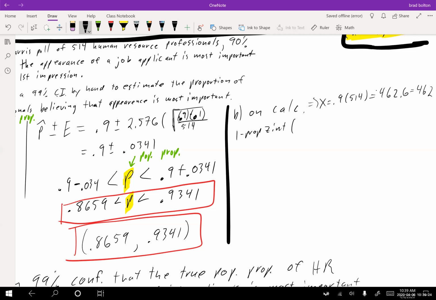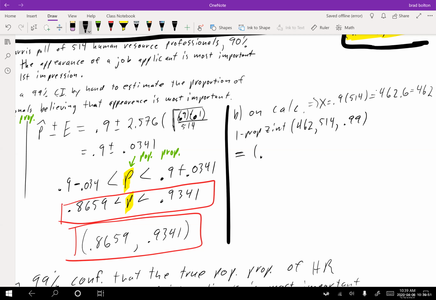So we're gonna do stat test one prop Z int, and I'm gonna use 462 out of 514, and I'm gonna use 0.99. So I'm gonna use 462, comma, 514, comma, 0.99.